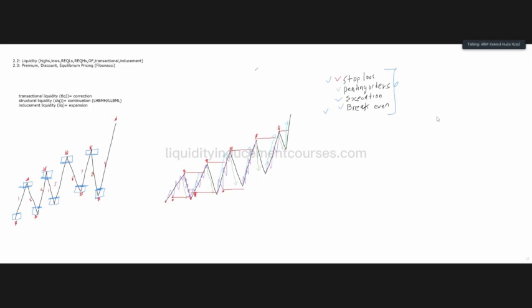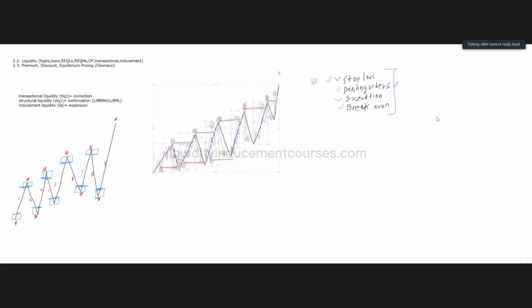Now let's go to the last but not least, the inducement liquidity. You guys know what this is already, but for those who don't know, let's put a system to it, okay? Inducement liquidity, for example, in an uptrend, is always sitting in the new higher low created.